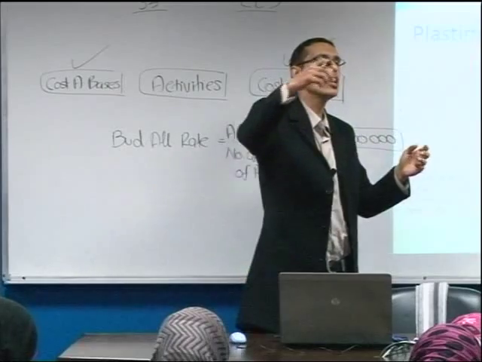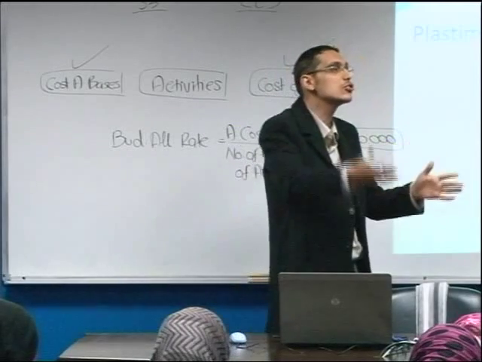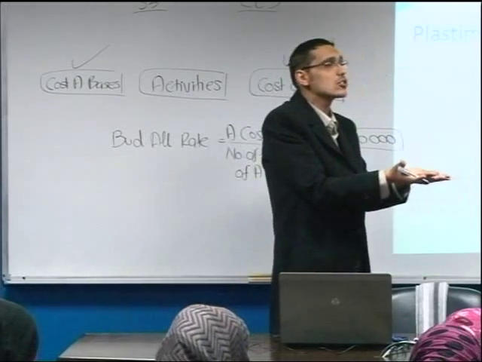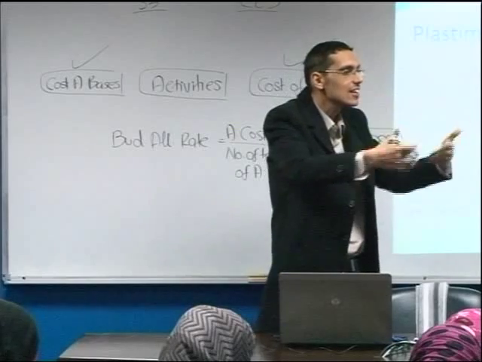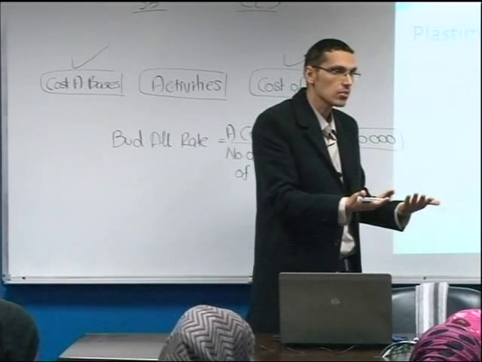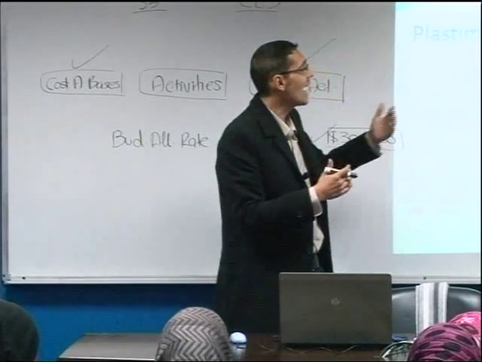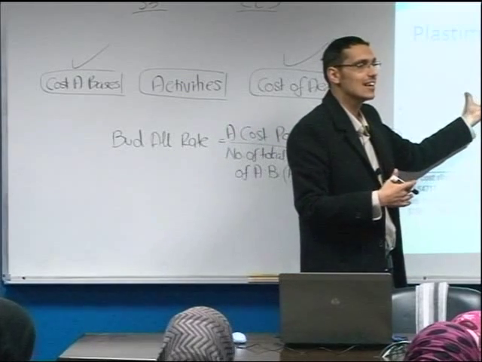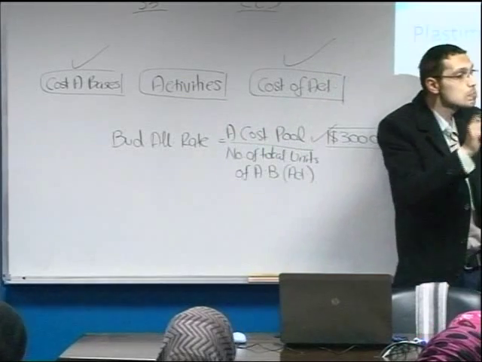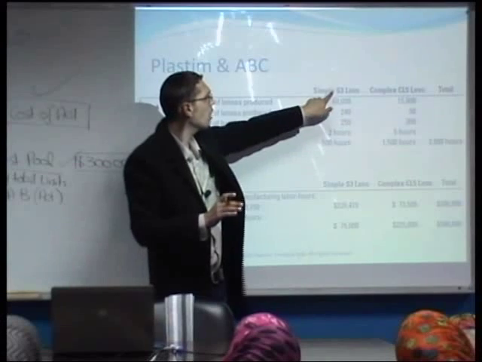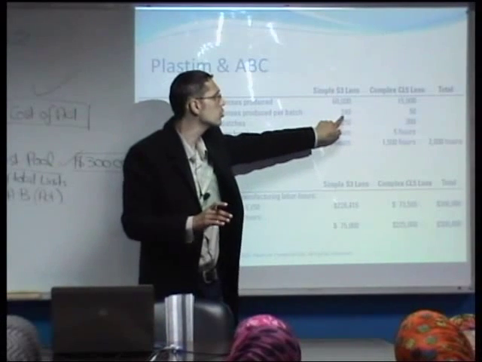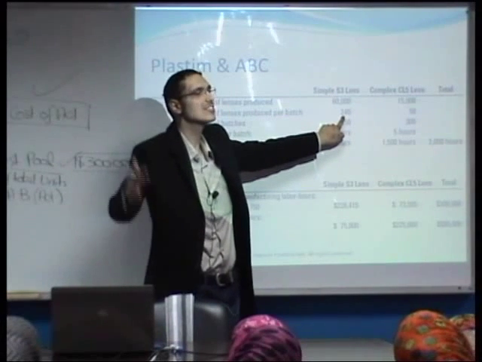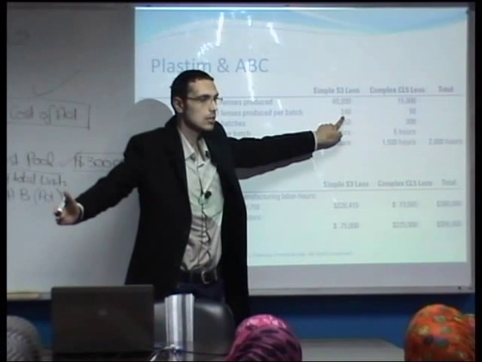We need to tweak the machines. We need to set up the machines. This is the definition of setting up the machines. Correct? Therefore, the information here tells us that each batch of the simple lens would produce 240 units.